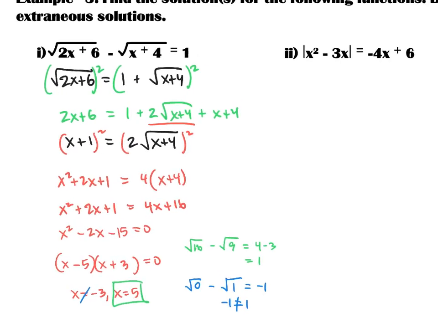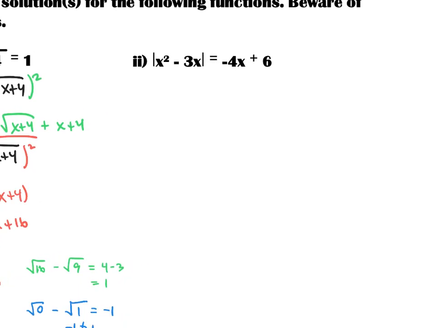Okay, let's look at our last example of the day. Remember that the absolute value, by definition, if absolute value of x equaled 5, then that means that both x would equal 5 and negative x would equal 5.